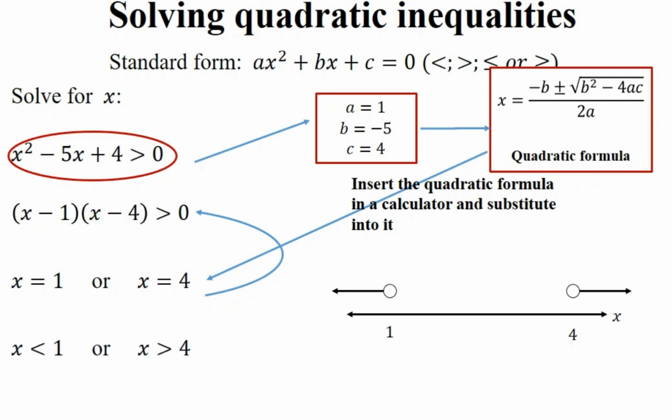The values of x that are less than 1 satisfy the inequality, and the values of x that are greater than 4 satisfy the inequality. So x is less than 1 or x is greater than 4.